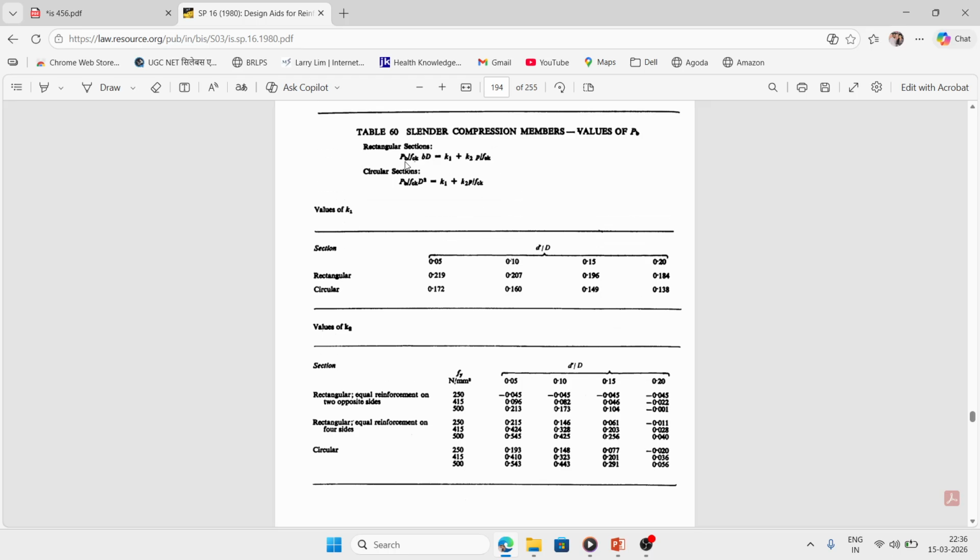So PUB by FCK BD is equal to K1 plus K2 P by FCK. Okay. This is for a rectangular section. When you are using a circular member, you have to use the other formula. Okay. So how will you get K1 and K2? The target is K1 and K2, because I'm using this formula.